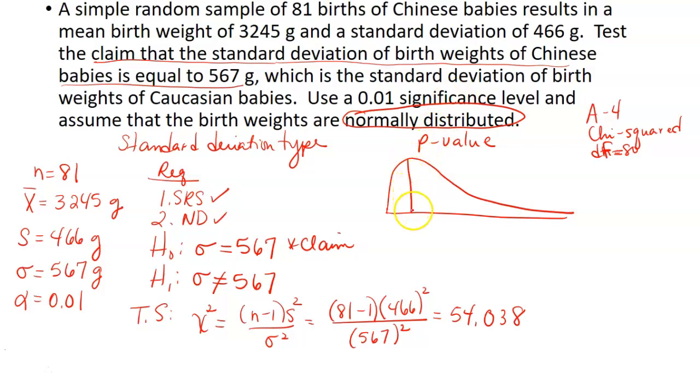So I'm going to place it here on the left side, and I'm going to find the left tail. So I'm going to do chi-squared CDF from 0, remember these start at 0, to 54.038, and that's going to be with 80 degrees of freedom. Okay, so we're going to get 0.0115.